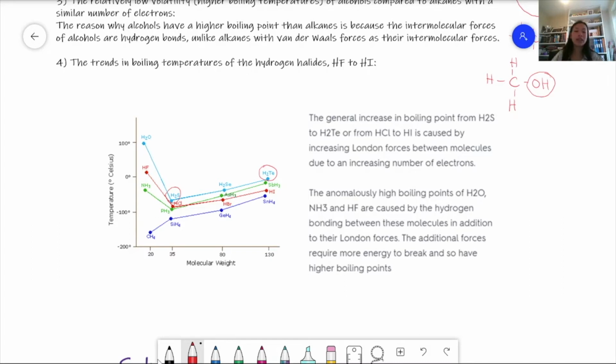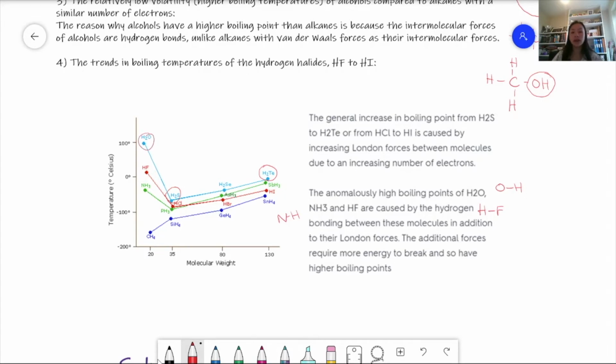And then the anomalously high boiling points of water, ammonia, and hydrogen fluoride are caused by hydrogen bonding because we have OH bonds here. We have NH bonds here. And we've got a HF bond. And we know that hydrogen bonding is the strongest of all the intermolecular forces.